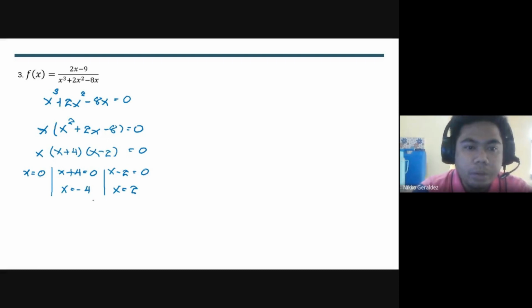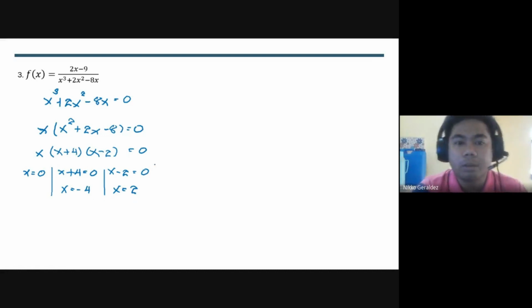So, 0, negative 4, and positive 2. So, these values will make the denominator 0 and will make the function undefined. No? So, that means 0, negative 4, and positive 2 are not included in the domain of the function.